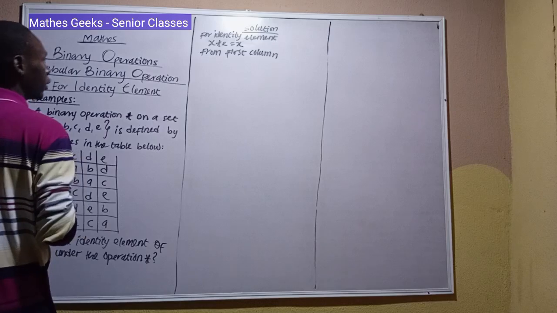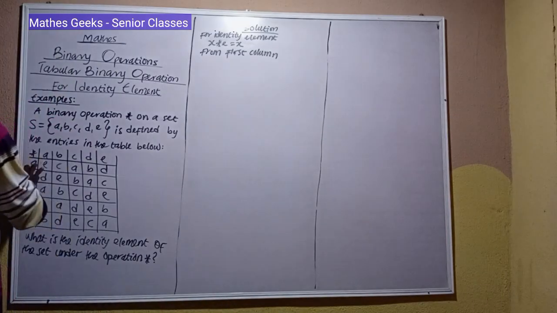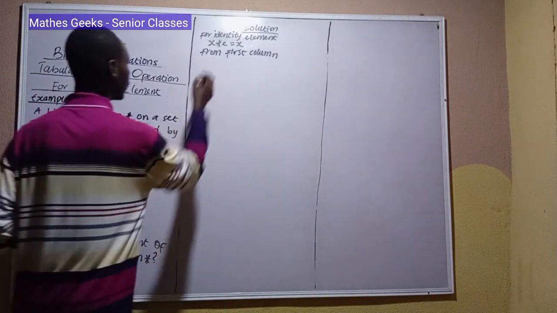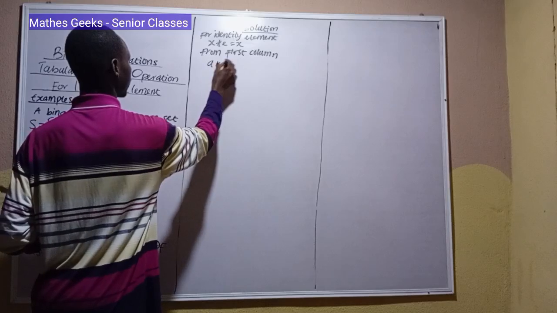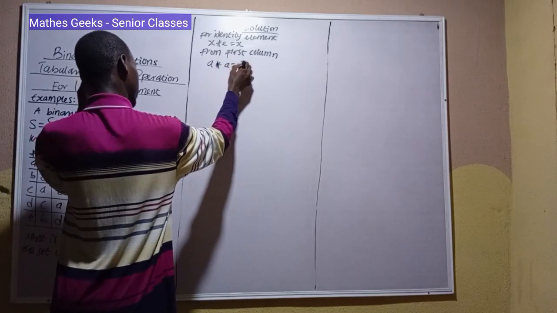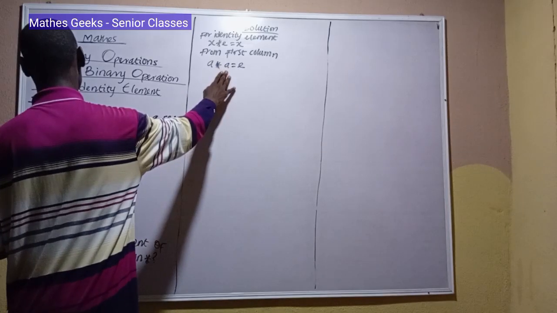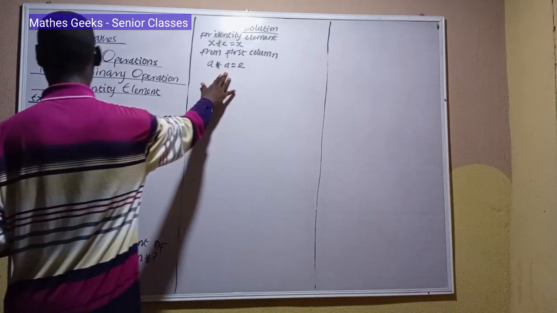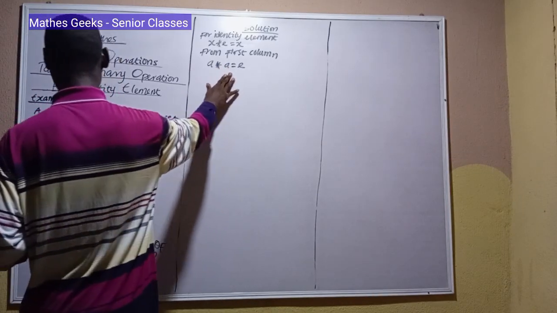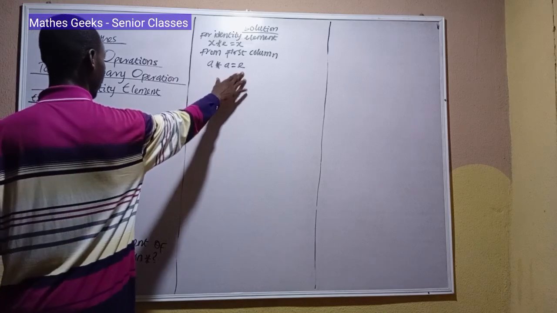That would be our guide. For the first column, a star e is equal to e. So a star e is not equal to a, meaning that a is not an identity element.